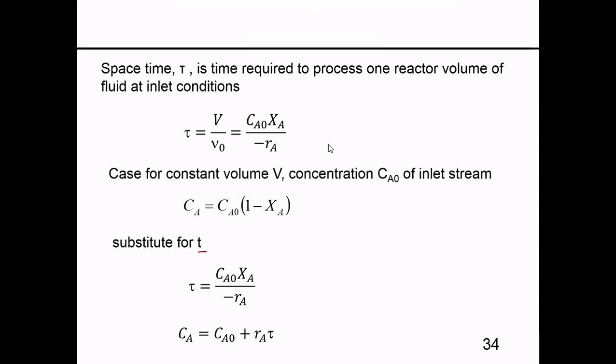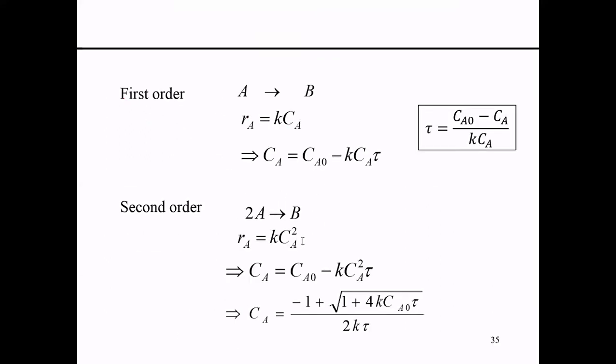So similar to the batch reactor, we have first order and second order. For example, first order: A is reacted to form B. We have a reaction rate equal to k CA. And we know that CA is equal to CA naught minus k CA times space-time.